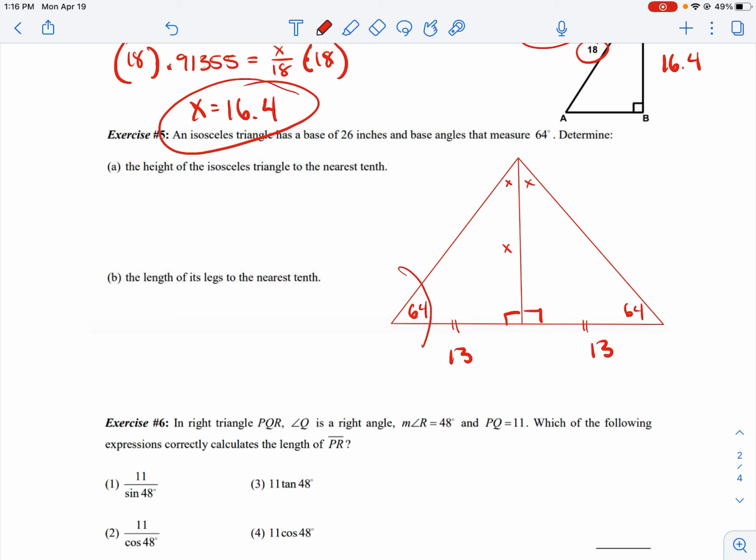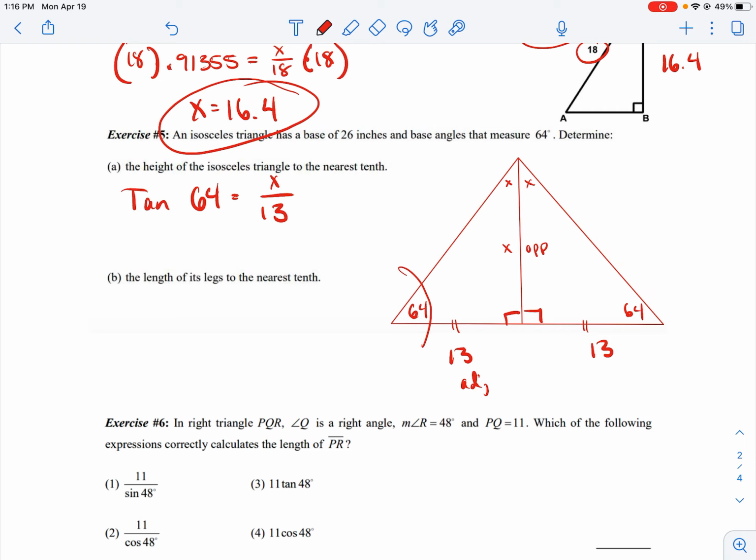Depending on how you want to look at it, I'm going to look at this triangle over here. This will be our opposite, and this will be our adjacent side. So we're going to go tan 64 degrees is equal to opposite over adjacent, and then we just solve.